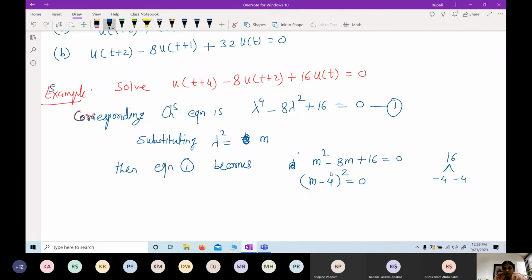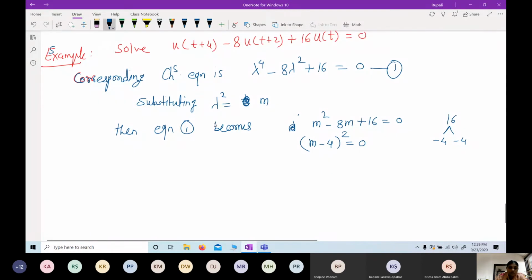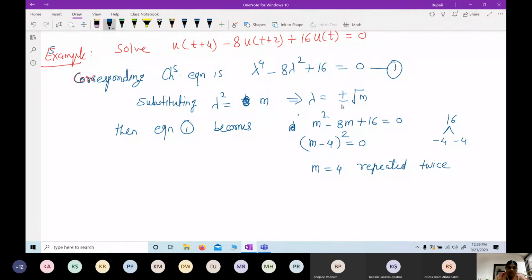So m is equal to 4, repeated twice. So what will be my lambda? Plus or minus under root m, right? Lambda 1 will be plus under root m and another will be minus under root m. Is that okay?